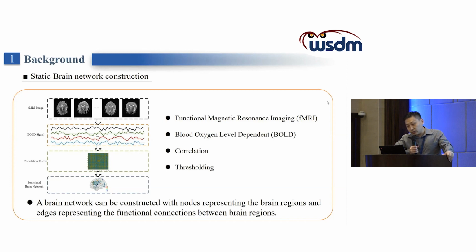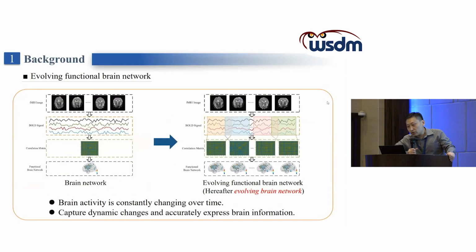So we hypothesize that with better modeling of all these dynamic images, we should be able to capture the signal more precisely. Instead of having the signal processed together into one correlation matrix, now in the evolving functional brain network, we separate the signal into different segments.